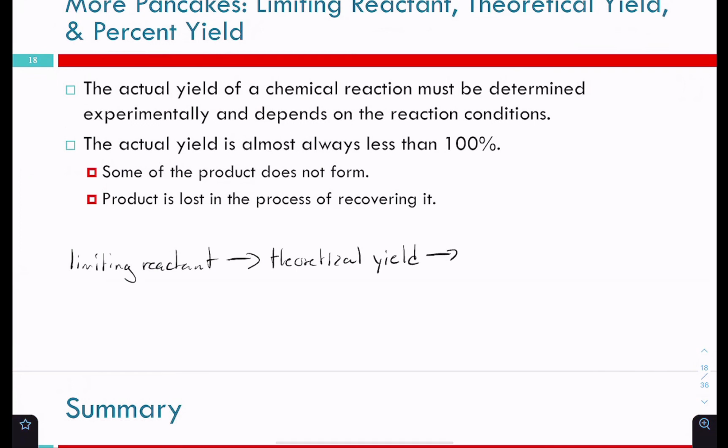And then if you have been given an actual yield, you use the theoretical yield to calculate your percent yield. So you have to get a limiting reactant to calculate a theoretical yield, to calculate percent yield. All of those are related and are going to involve doing stoichiometry.